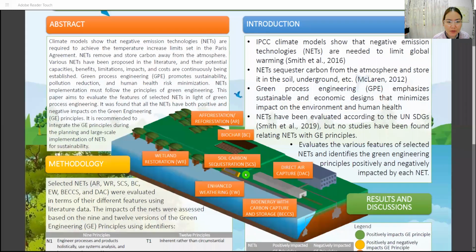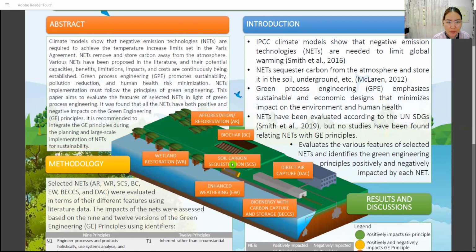For the examples of NETs, we have afforestation and reforestation, or AR, where trees are planted to expand the forest area and maximize the carbon sink. Wetland restoration, or WR, where mangrove swamps are restored to support the anaerobic storage of dead organic matter.